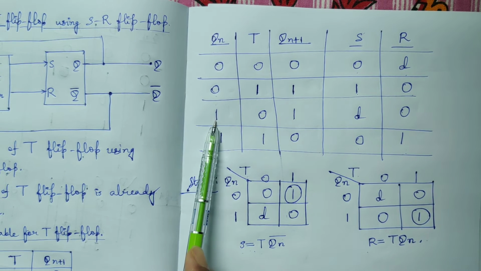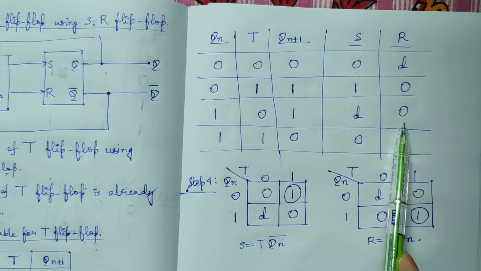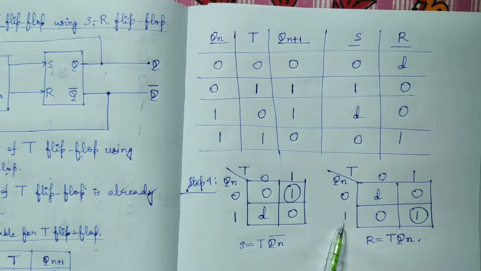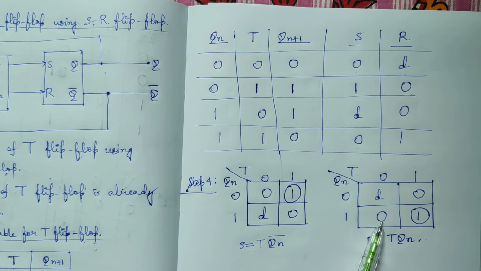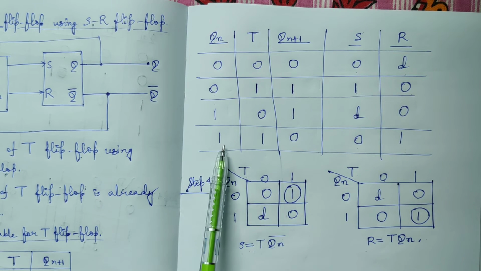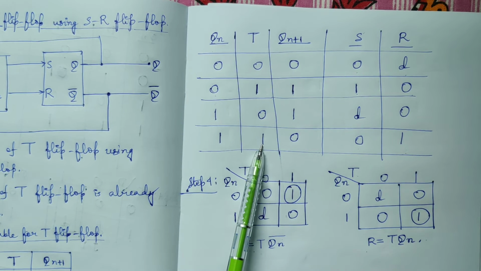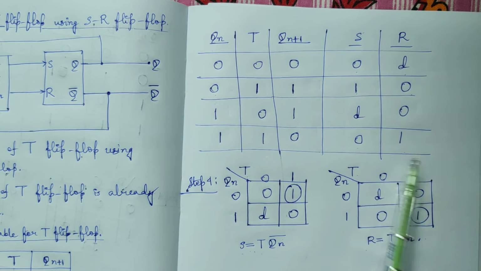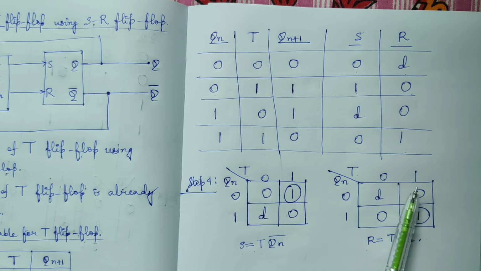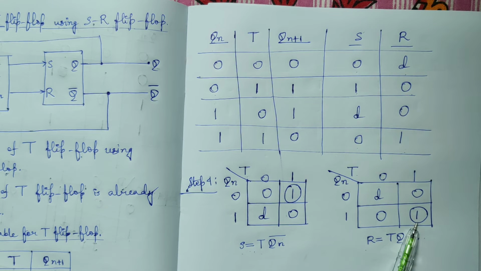Next, Qn is 1, T is 0, R is 0. Then Qn 1, T 1, R is 1.